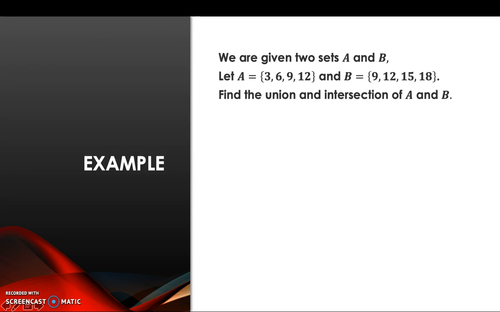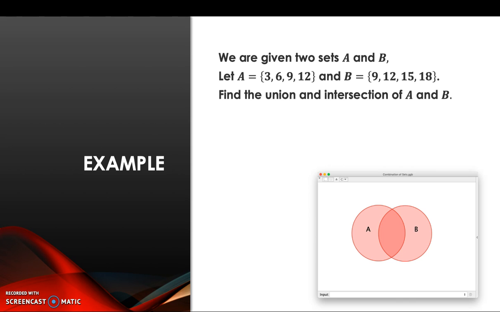So for example, we're given two sets A and B. Let A equal {3, 6, 9, 12}, and B equal {9, 12, 15, 18}. Find the union and intersection of A and B. We may plot the elements of A and B on a Venn diagram.